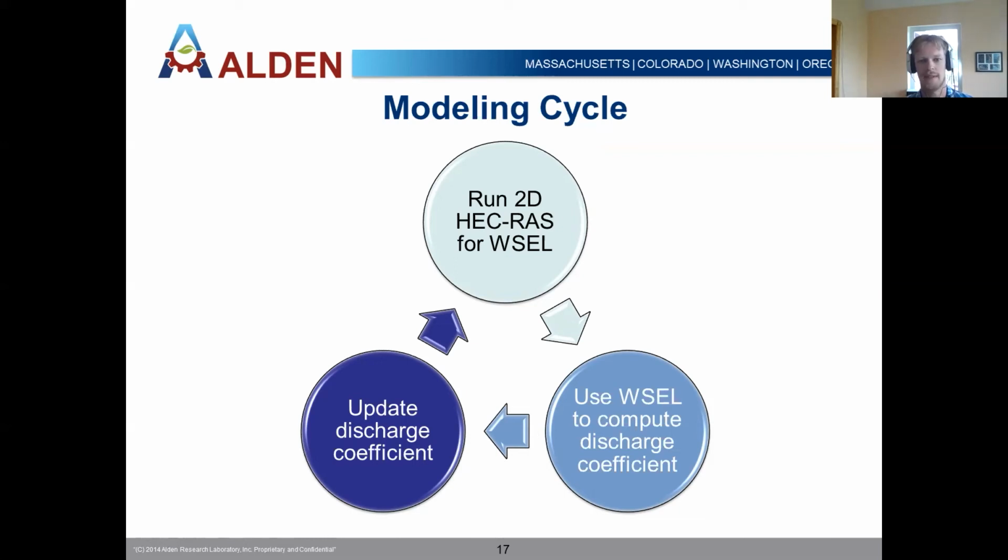Based on that result, you can back calculate this updated discharge coefficient, which you can then put back into the HEC-RAS 2D model and iterate through the cycle a couple of times until you converge to a common value. So this really allows you to accurately resolve the site-specific discharge coefficient of a structure.